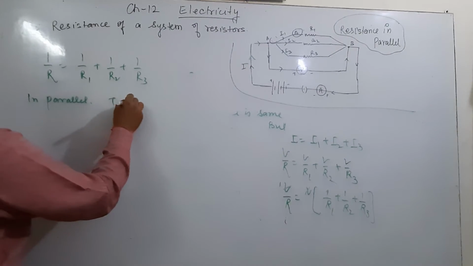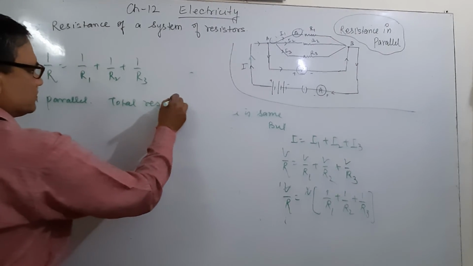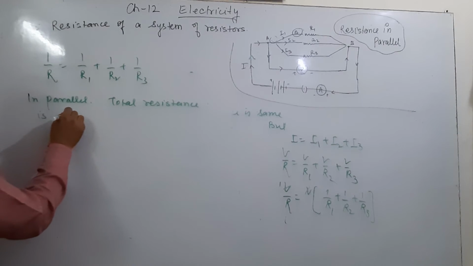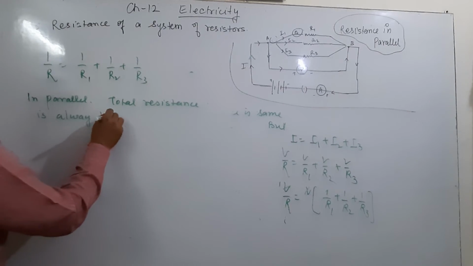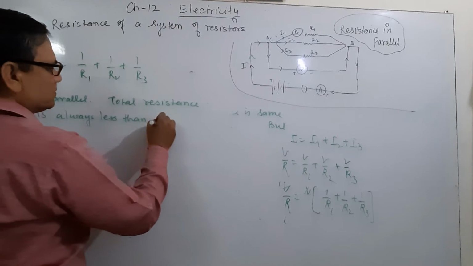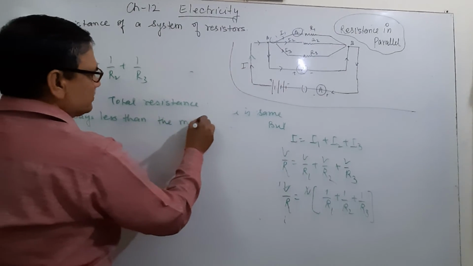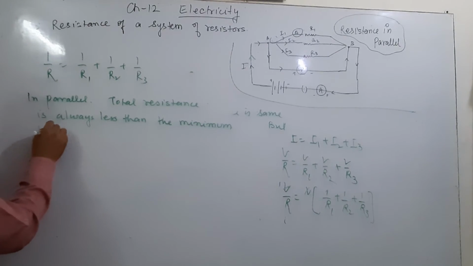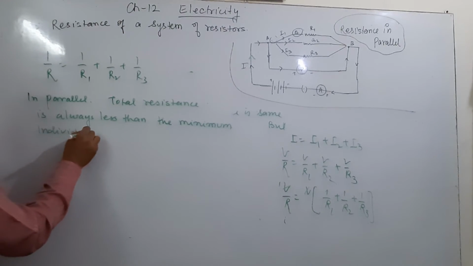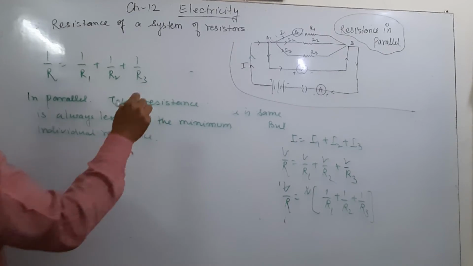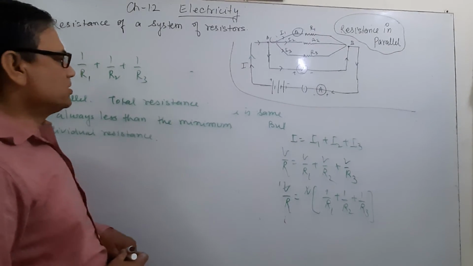And in parallel, the total resistance is always less than the minimum individual resistance. And this is the main point.